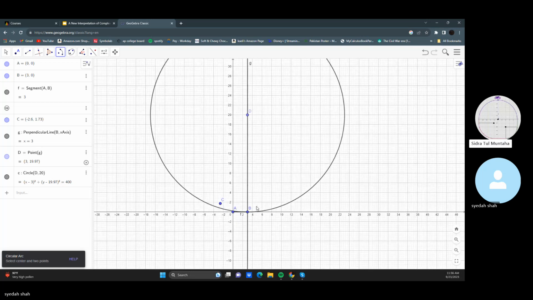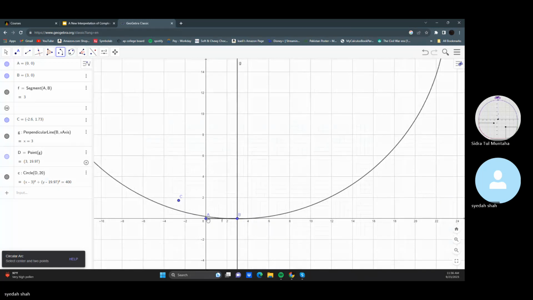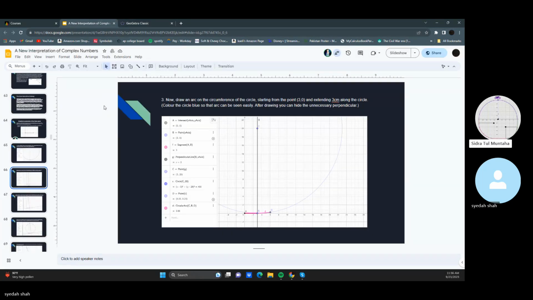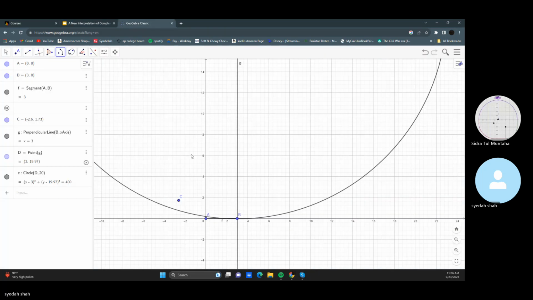You have to first click on D, but it has to meet the center. You have to first click on the point from where you want to take the radius.